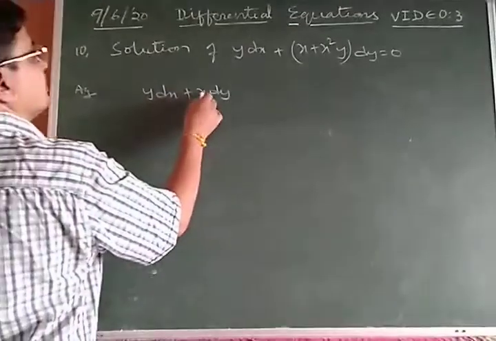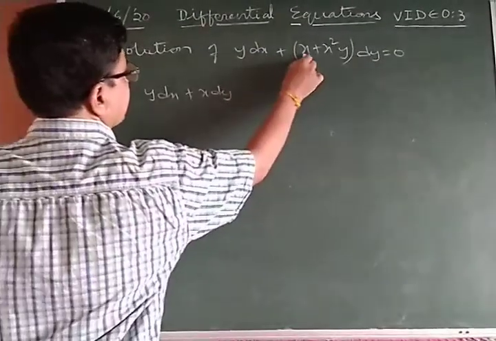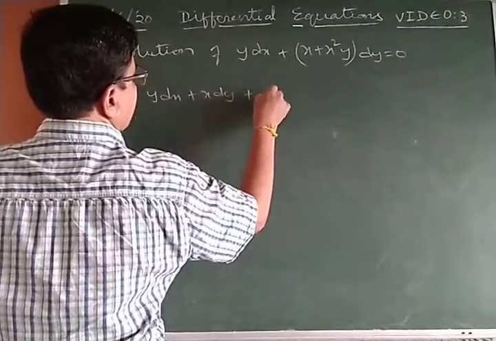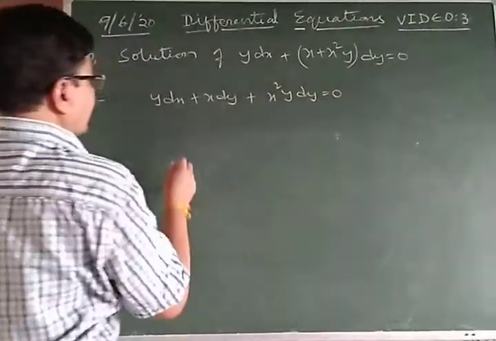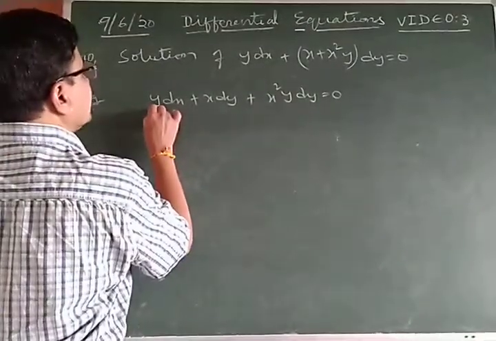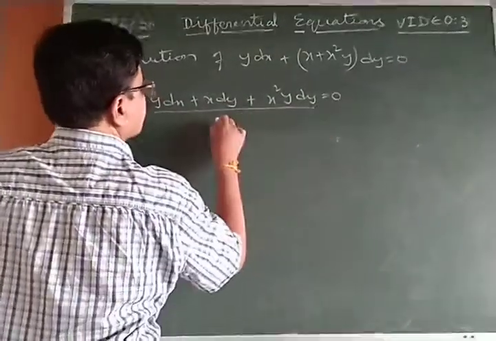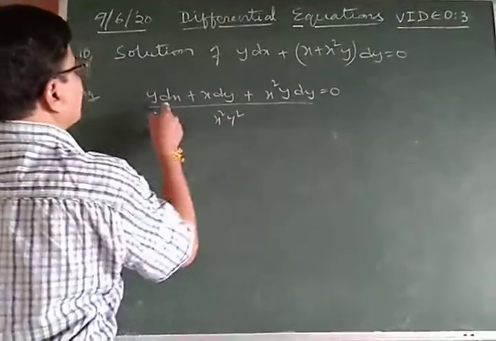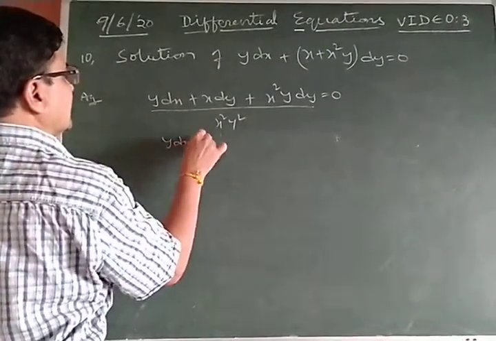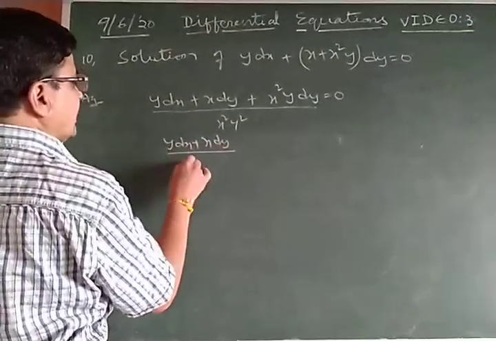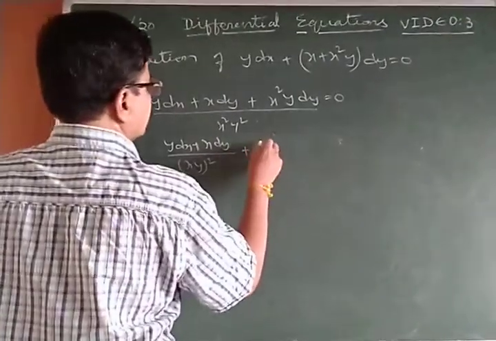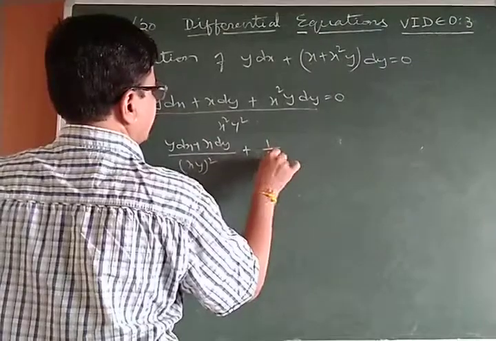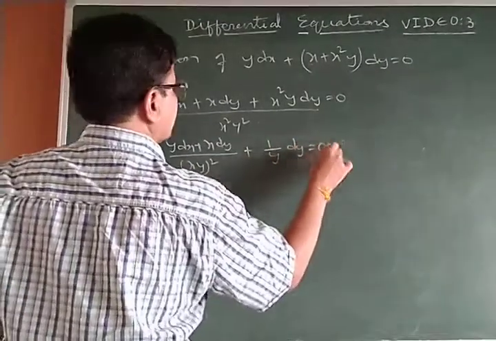y dx plus y dx plus x dy plus x square y dy is equal to 0. Dividing on both sides by x square y square. Now this is (y dx plus x dy) by (x y) whole square plus 1 by y dy is equal to 0.